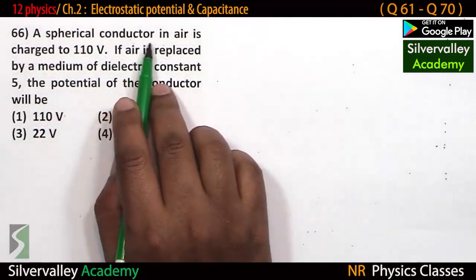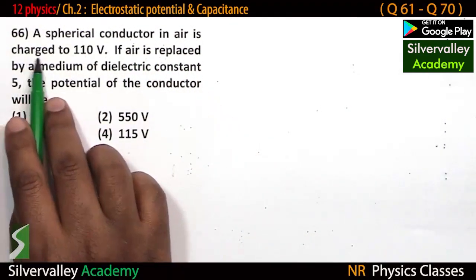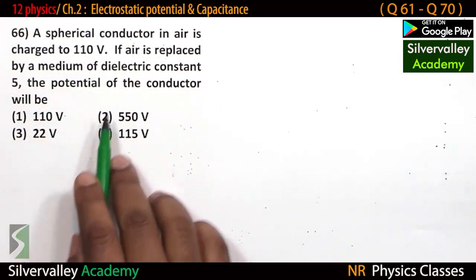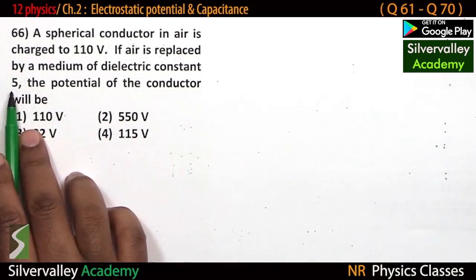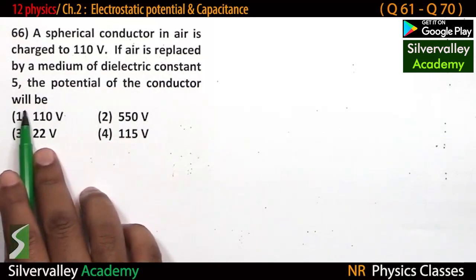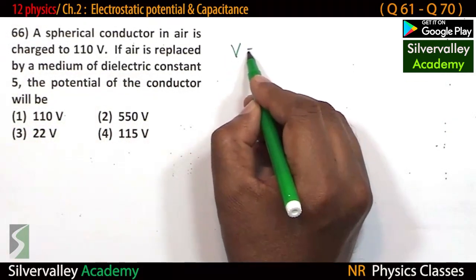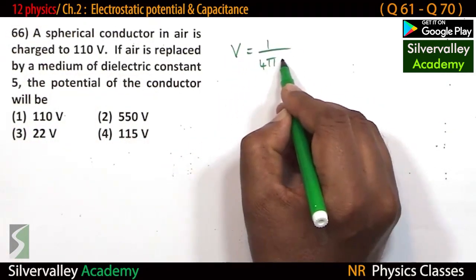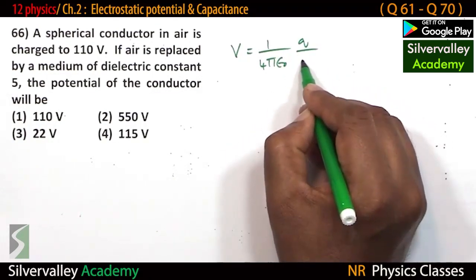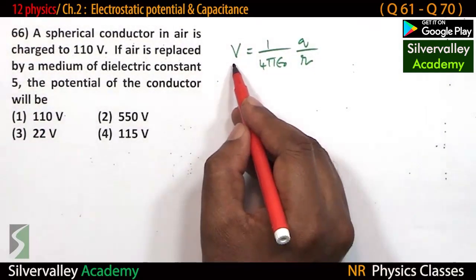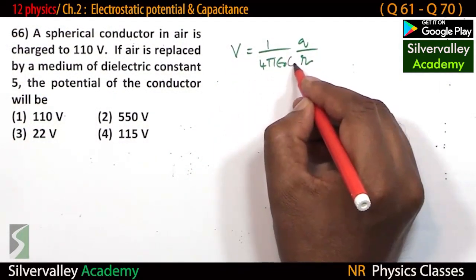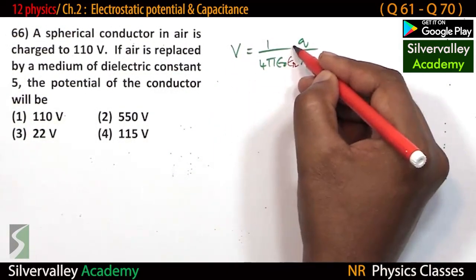A spherical conductor in air is charged to 110 volts. If air is replaced by a medium of dielectric constant 5, the potential of the conductor will be? Potential is 1 by 4 pi epsilon naught Q by R. If the charge is in a medium, then there is epsilon r in the denominator.